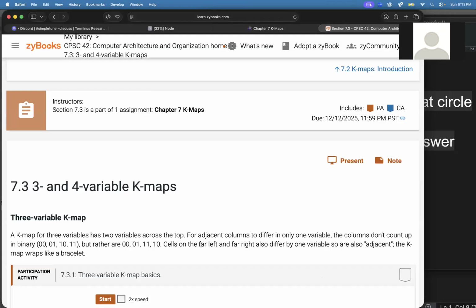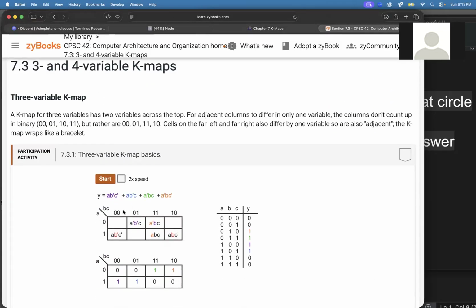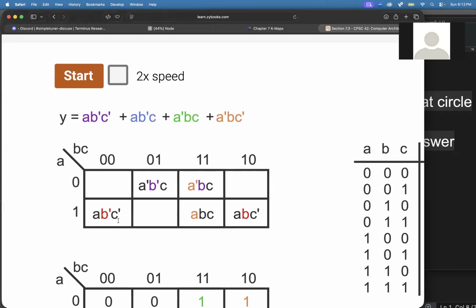All righty, 3 and 4 variable K-maps, same deal here. But remember that when you're dealing with these larger K-maps, two of the variables are grouped together now. So this is A equals 0, this is A equals 1. But now each column is like this is B equals 0, C equals 0, or not B, not C. This is not B, C. So you're doing the B and the C together.